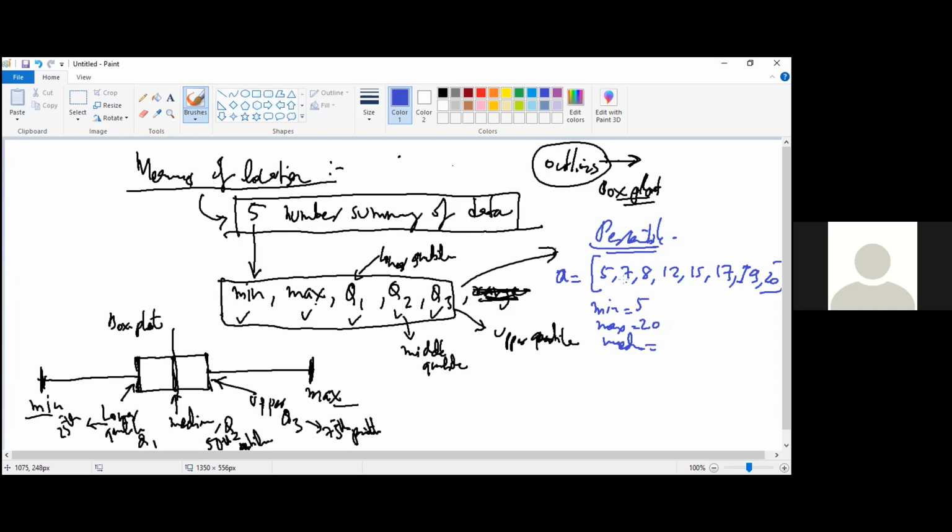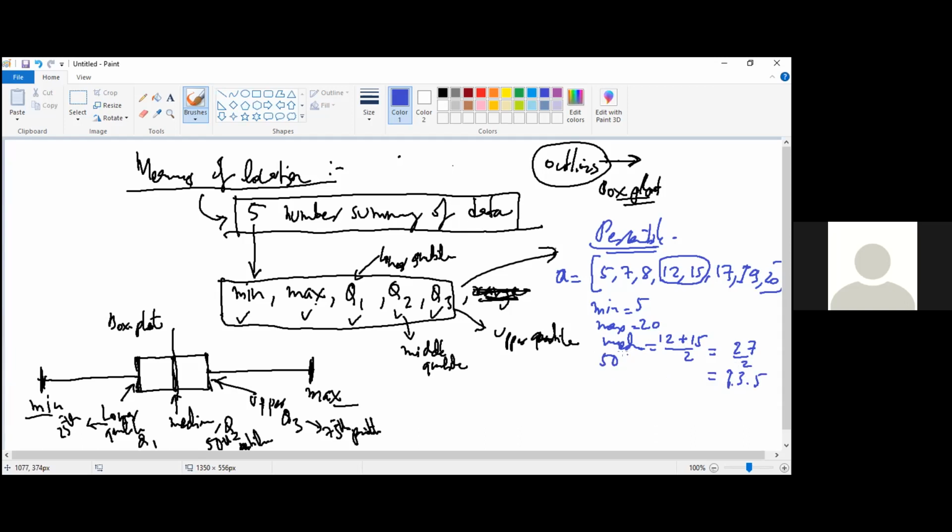What is median? 1, 2, 3, 4, 5, 6, 7, 8. How do I calculate median here? We have two middle values, right? 12 and 15. So we have to take the average of it to get the median value. So it will be 12 plus 15 by 2, 27 by 2, so 13.5. Median is your 50th percentile, right?